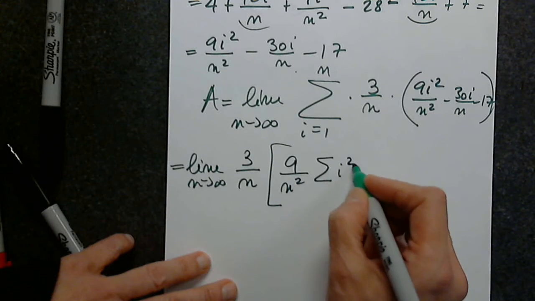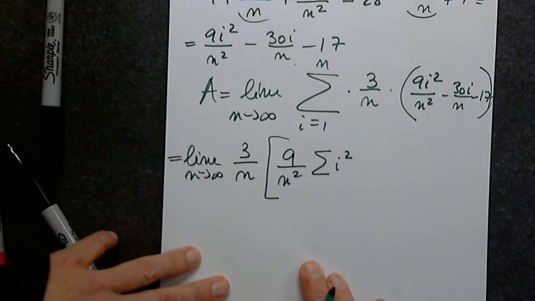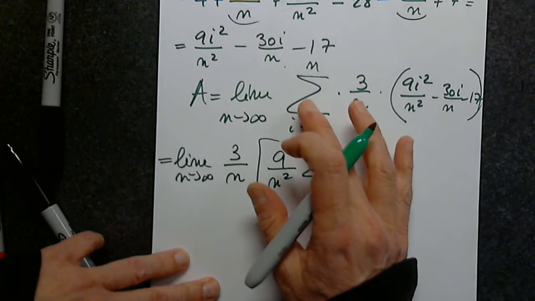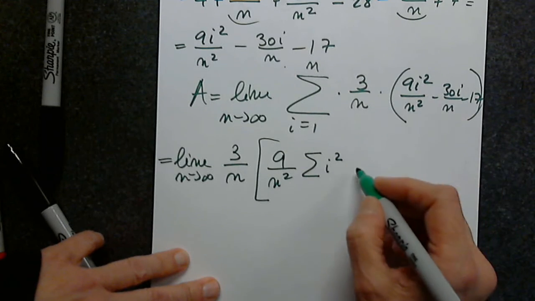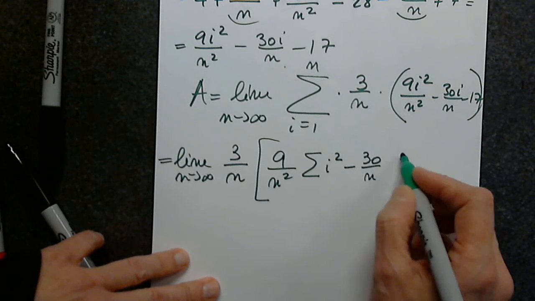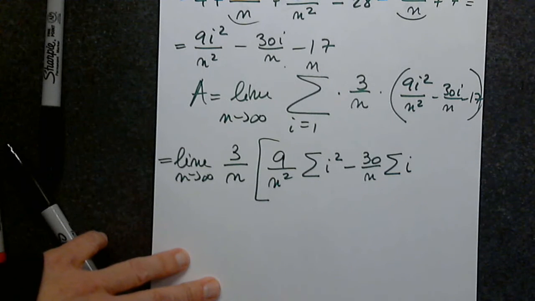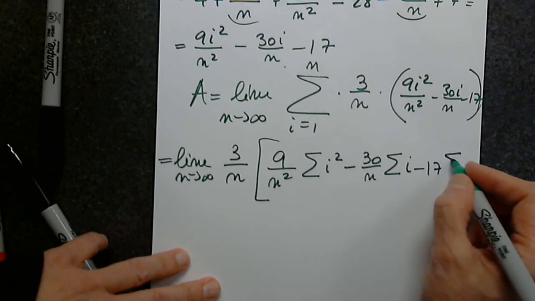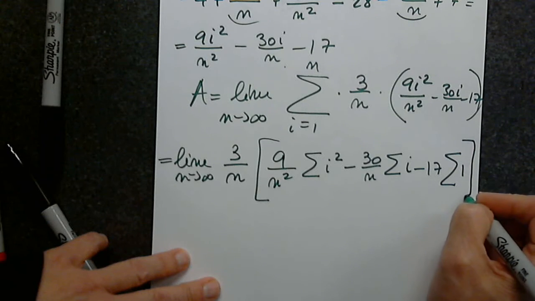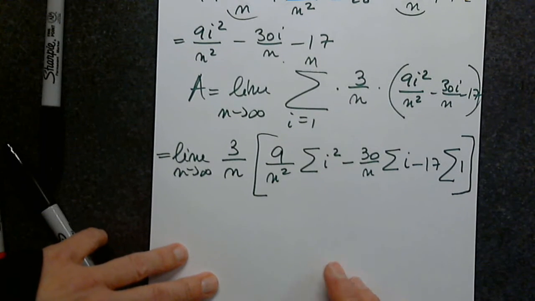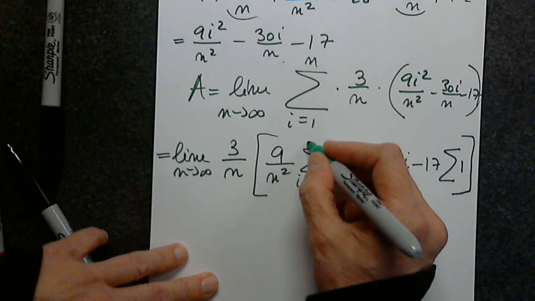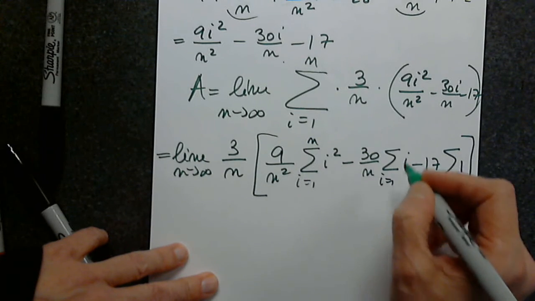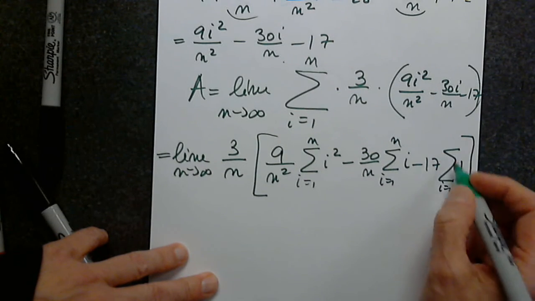So the sum of i squared. Now I'm applying the summation notation to the second term, and I take 30 over n outside, and I say sum of i. And the last one is negative 17 and the sum of 1. And yes, I will write from i equals 1 through n.